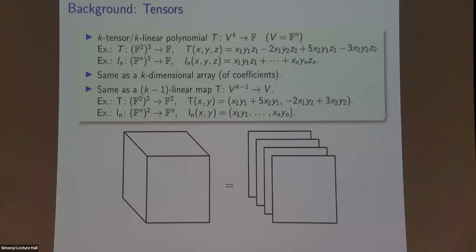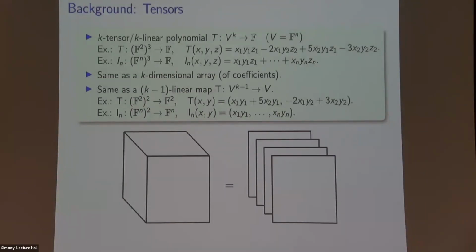So maybe at the very top, you take the z variables and you take a derivative with respect to them, or you collect all the monomials that multiply z1. That's one bilinear form. Everything you multiply by z2, that's another bilinear form. So that's a way to translate a single tensor, a single multilinear form, into a multilinear map, a tuple of multilinear forms.